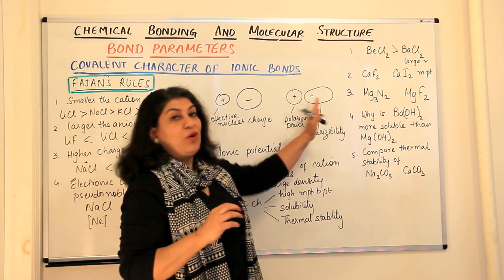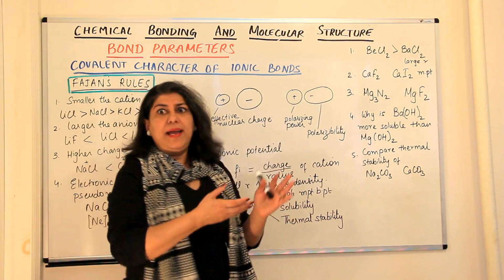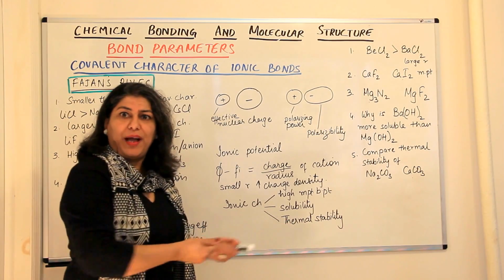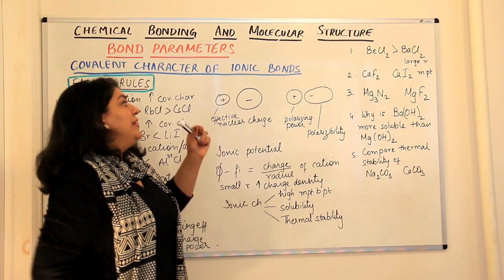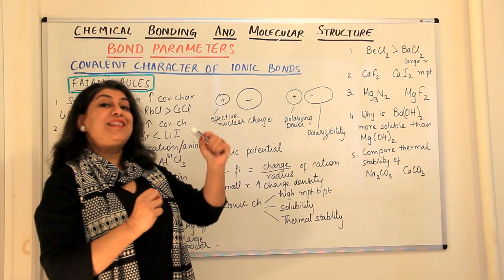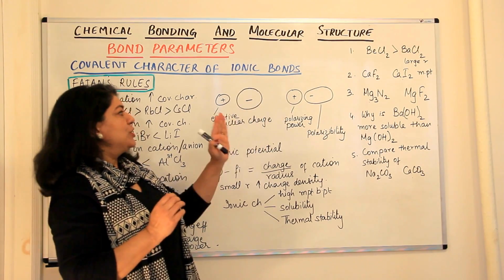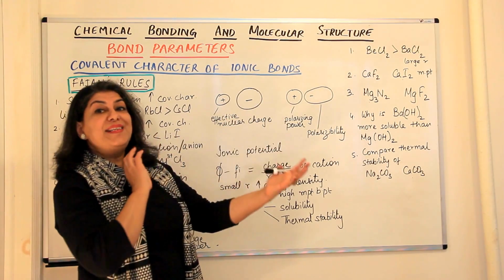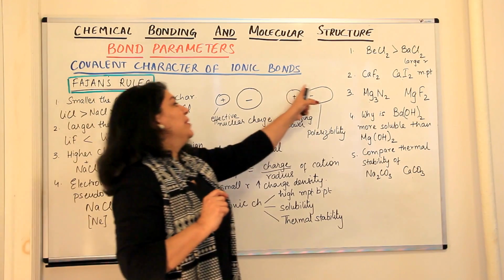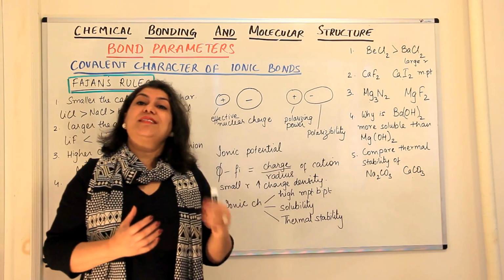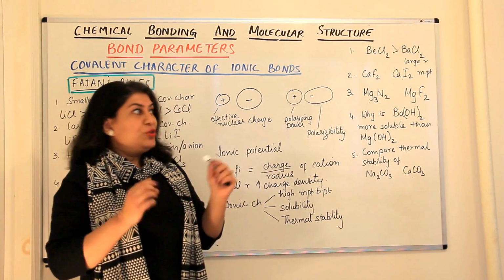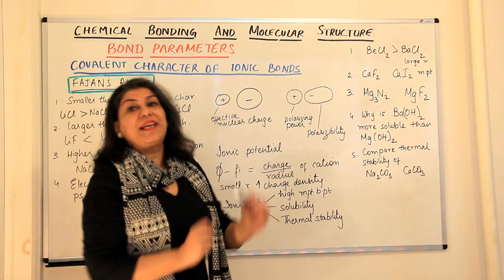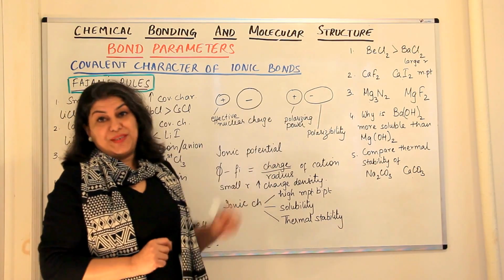Because they actually belong to the anion, but the cation is also exerting some kind of a pull over there. So it is these electrons moving towards the cation, in the polarized anion, that cause the molecule to act as a covalent molecule. So that is what imparts the covalent character to the ionic bond.